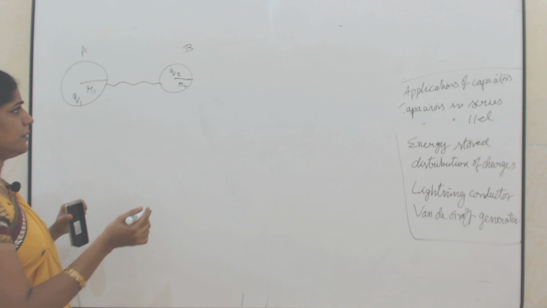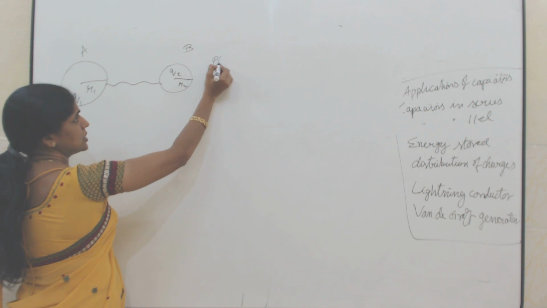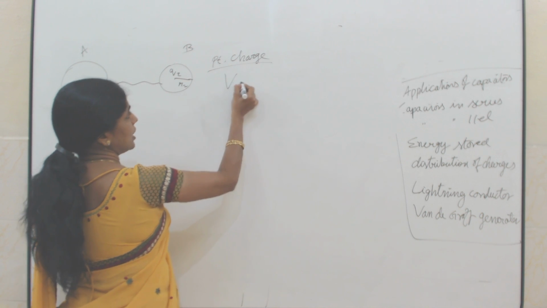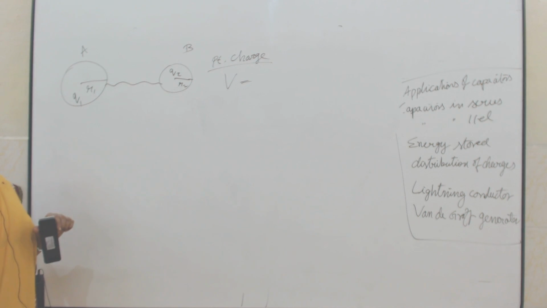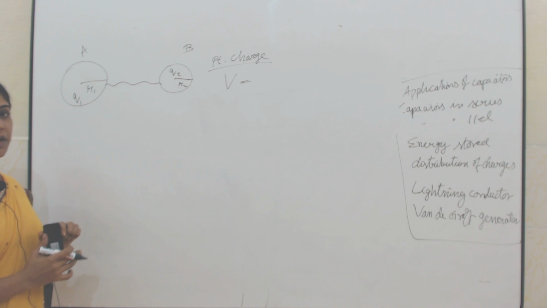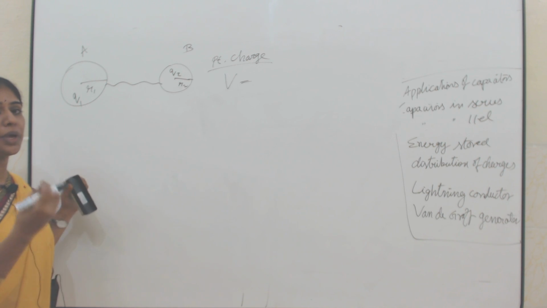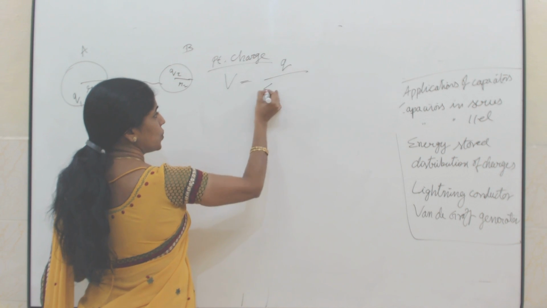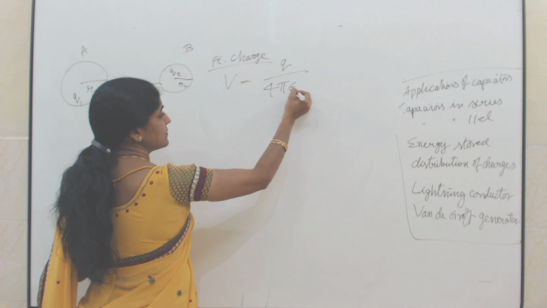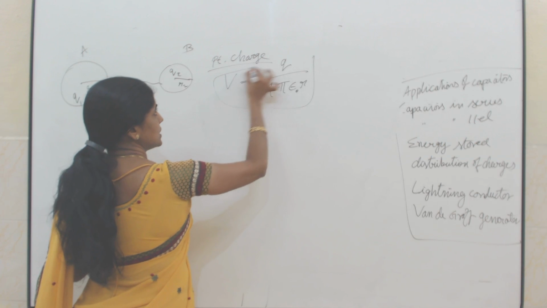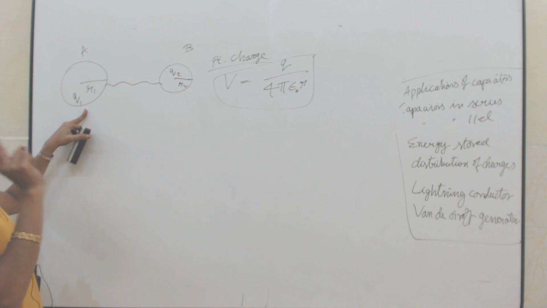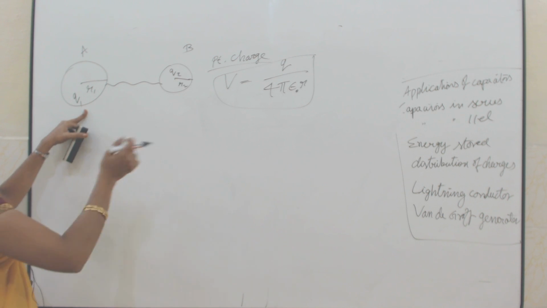Now, we know already, for a point charge, how will the potential be developed? Can you say the formula? This is given by V equal to Q by 4 pi epsilon naught R. So, this will be the potential developed due to a point charge. Here I have two spheres of different radii.